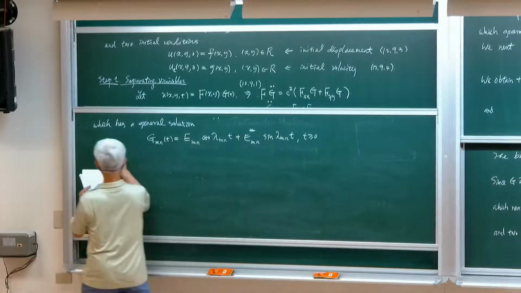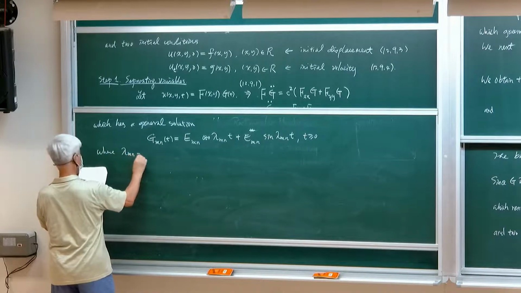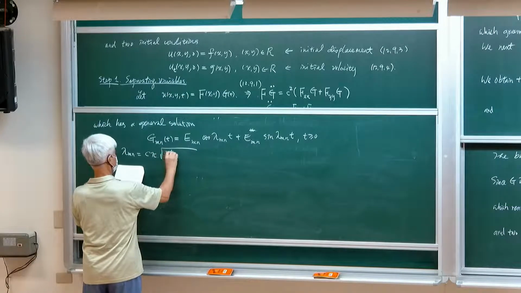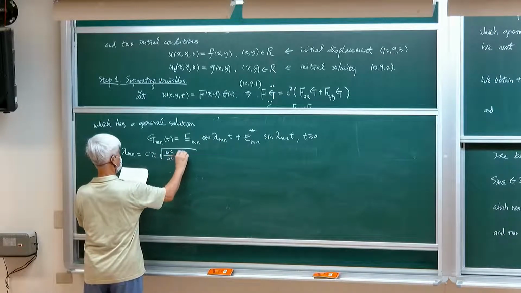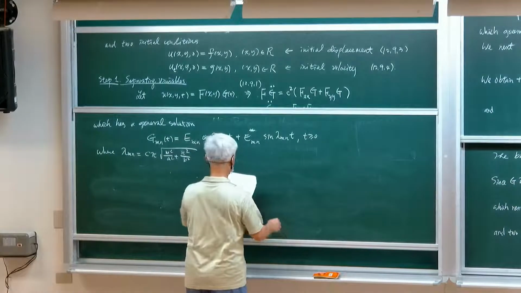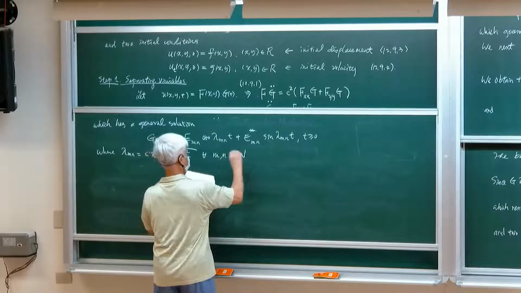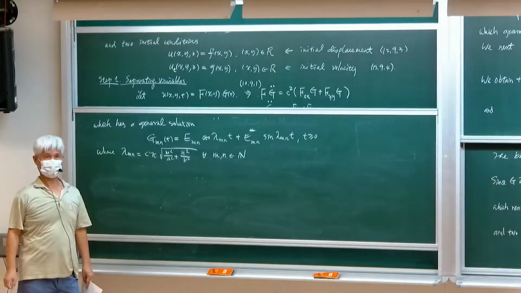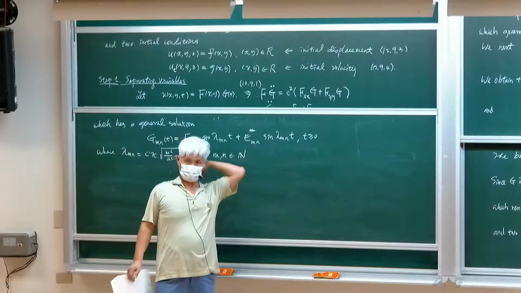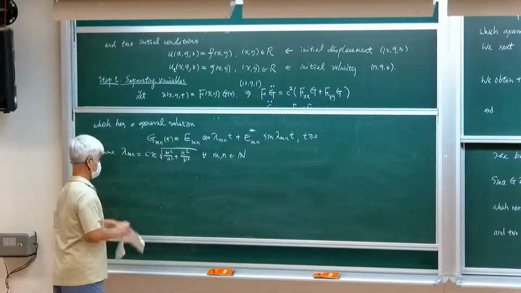And where lambda_mn, the eigenvalue, is c pi times the square root of m squared divided by a squared plus n squared divided by b squared, for all m, n in the set of natural numbers. So m and n are positive integers.